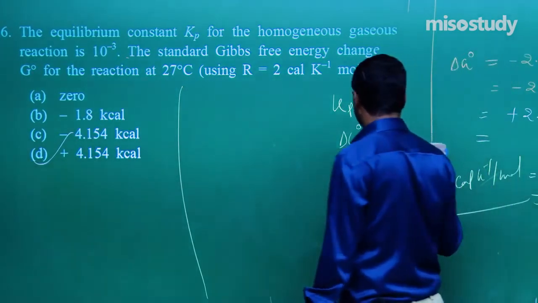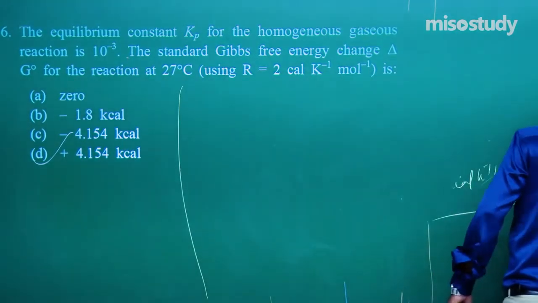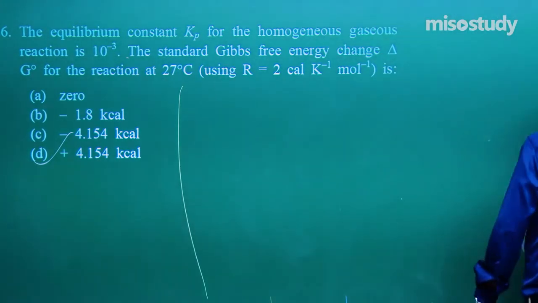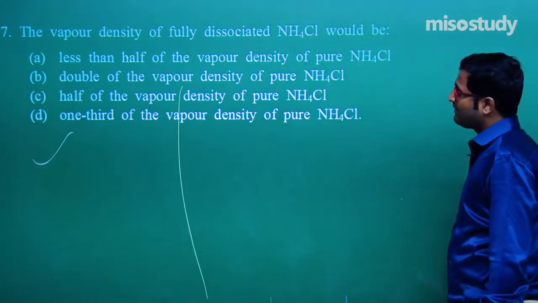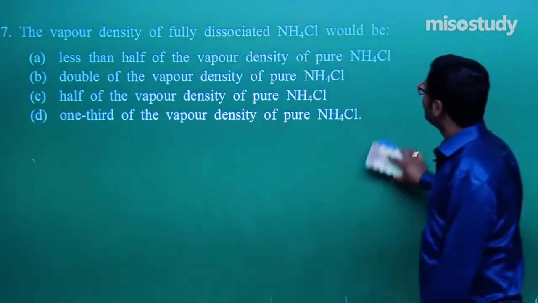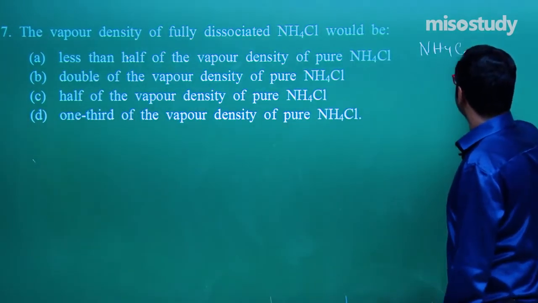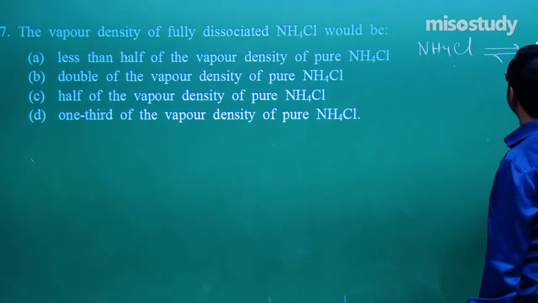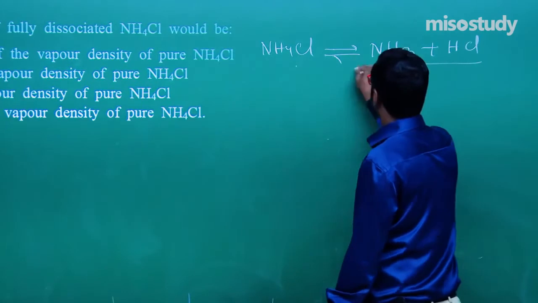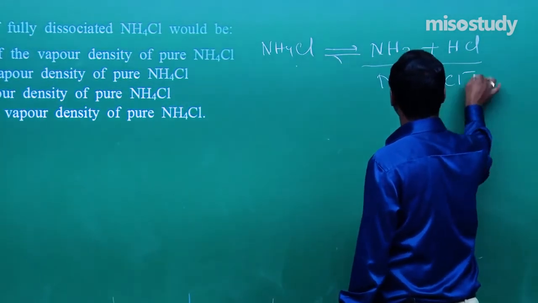This is the answer of this question. This is a simple question related to the relation between delta G and Kp. Now let's move to the next question, next expression. Question number 7. The vapor density of fully dissociated NH4Cl would be, as we know, if dissociation takes place, it will break like this. NH4Cl, that is NH3 plus HCl, or sometimes it can be written like this, NH4 plus and Cl minus.